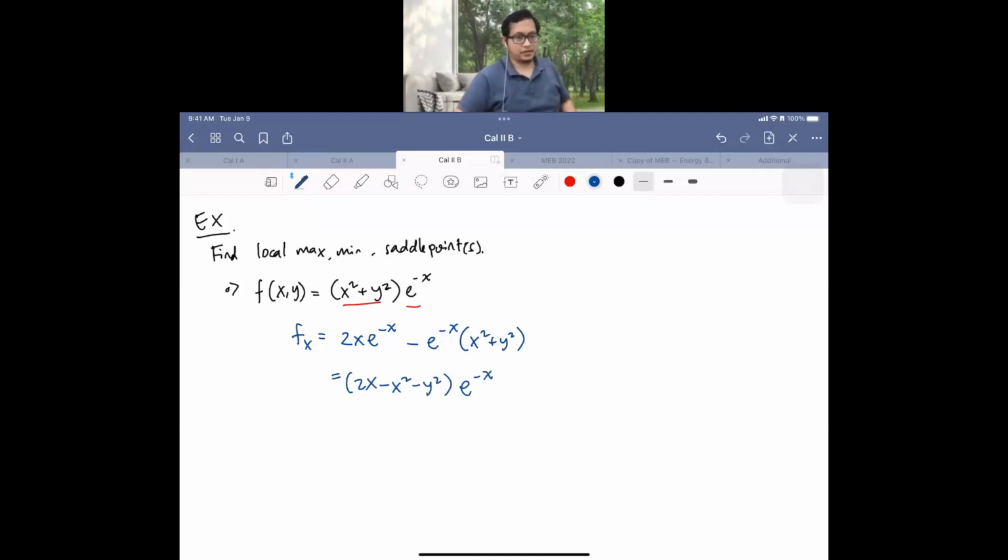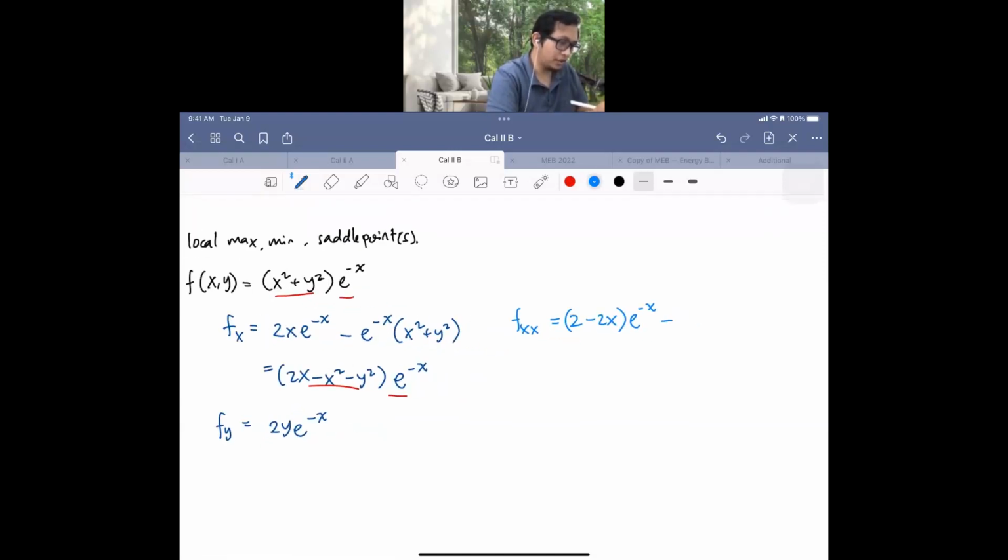This is partial x. Partial y: you just have 2y and then e to the power negative x. And then we're going to have partial xx. We have another product rule. We have 2 minus 2x, e to the power of negative x, and then minus e to the negative x times 2x minus x squared minus y squared.